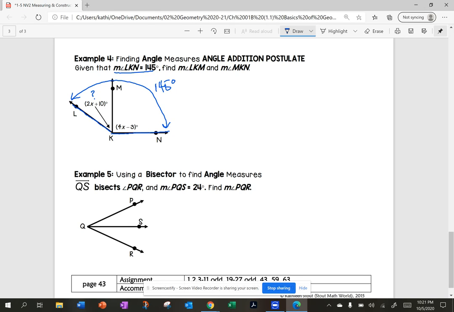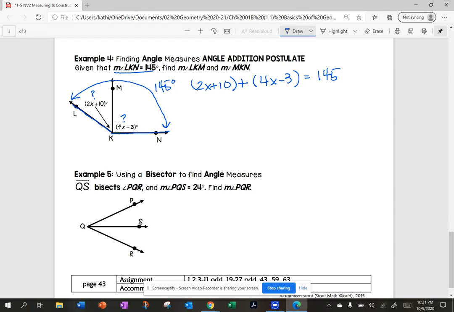And the measure of angle MKN, this angle. So in order to find those two other measures, I need to know what the variable x is. So I need to write an equation so I can add my two angles and they equal the total. I'm going to write 2x plus 10 plus 4x minus 3, adding my two angles, and they equal the total, which is 145.